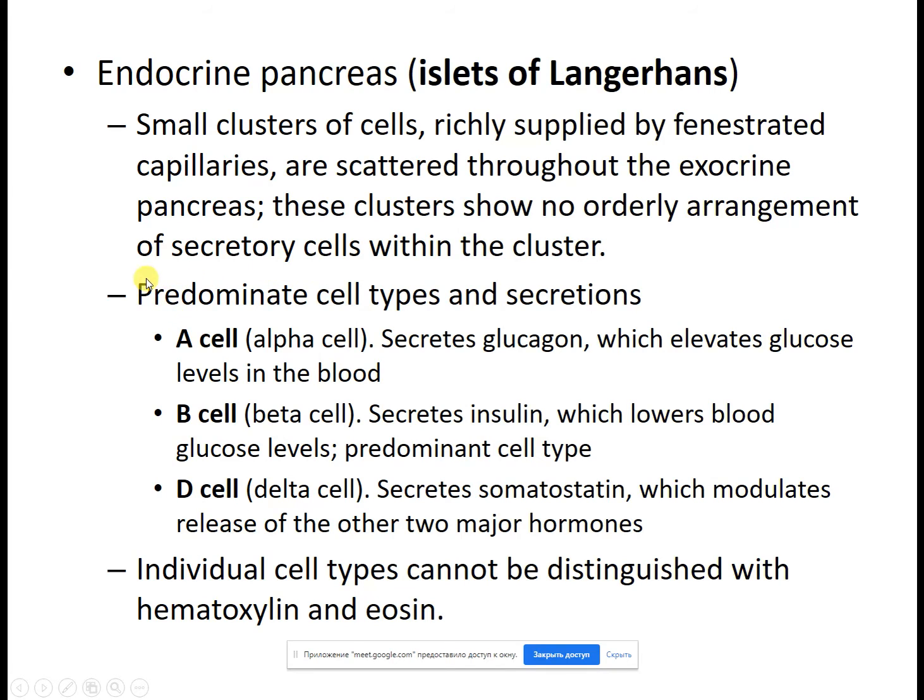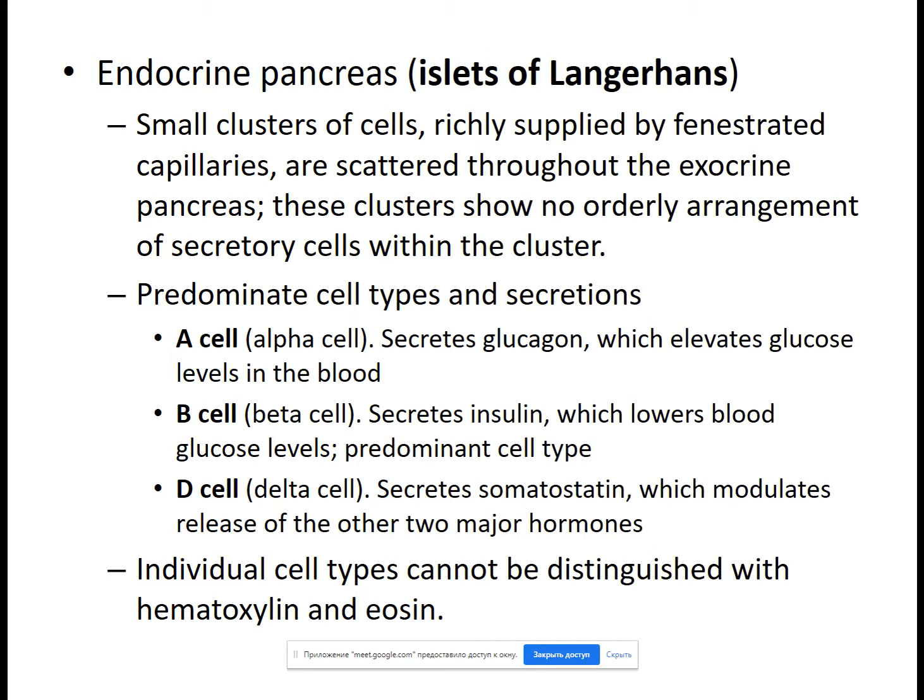Which cell types are present here? There are alpha cells. Alpha cells secrete glucagon, and the main function of glucagon is breakdown of glycogen. What is glycogen?